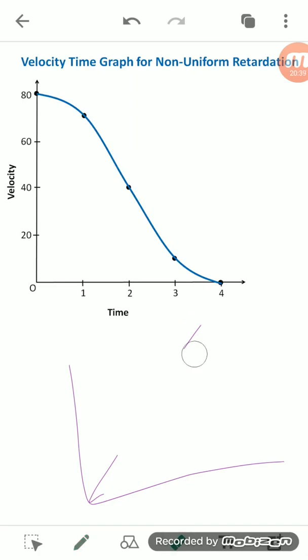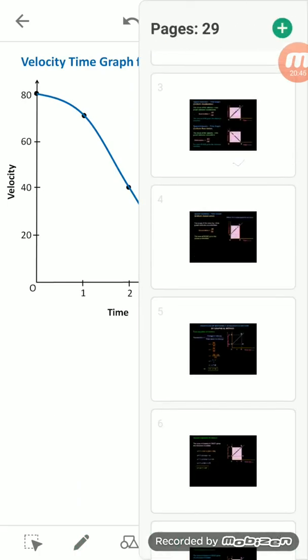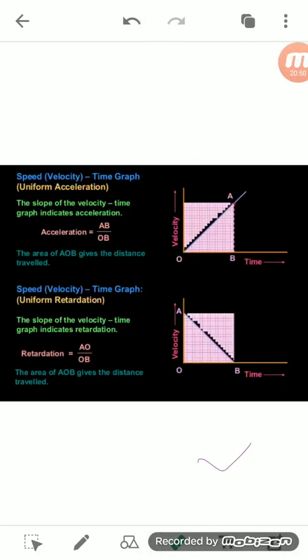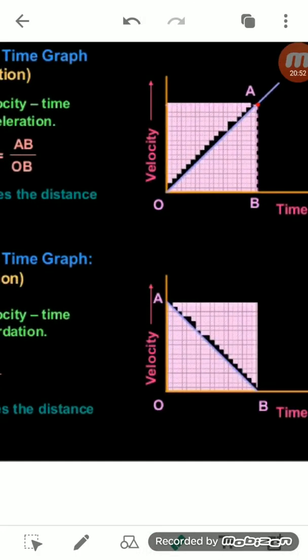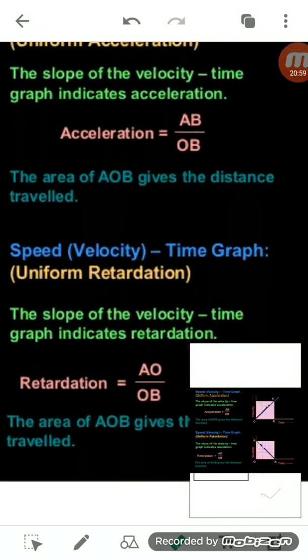On the other hand, if the same graph is sloping downward, then we call it uniform retardation.